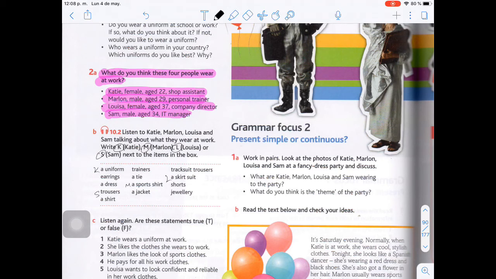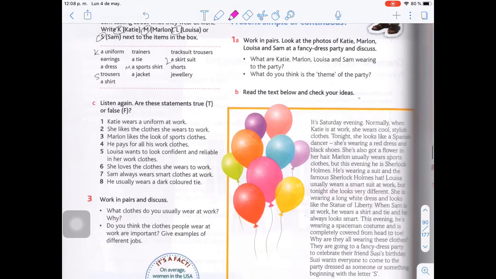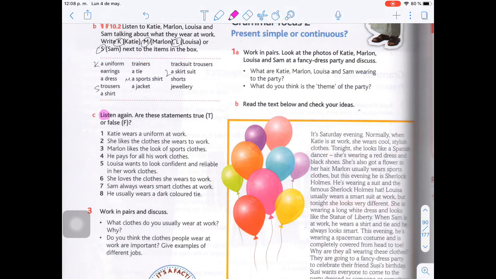So you have to listen and write the initial letters to say what they are wearing. Okay, in the second listening, you have to continue listening. It says, listen again, are these statements true or false? So according to the information presented in the listening, you have to say if this information is true or false. Katie wears a uniform at work, true or false. She likes the clothes she wears to work, true or false.